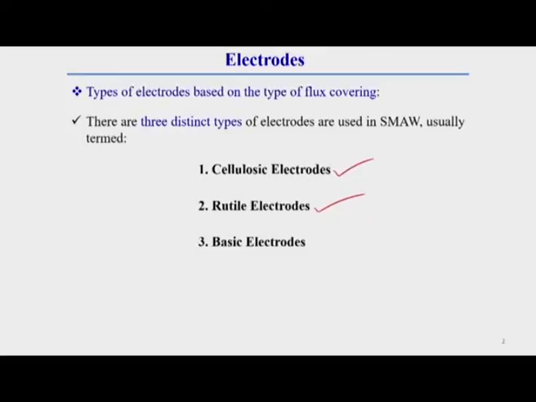I was also discussing cellulosic electrode in last lecture. It is a very good electrode, but it has some drawbacks, because its mechanical property is good compared to this rutile electrode.